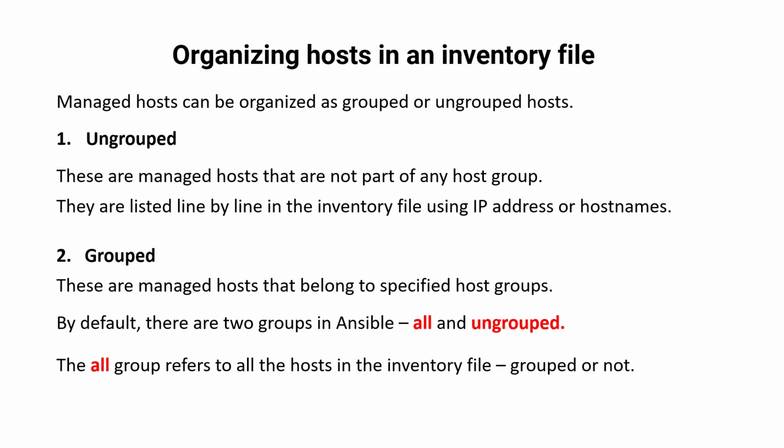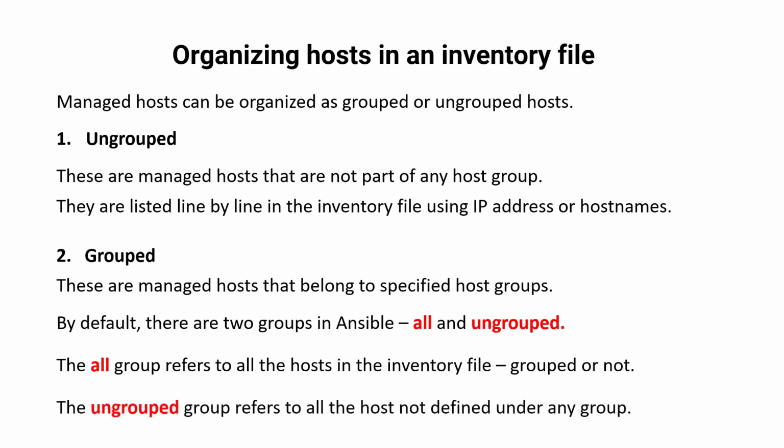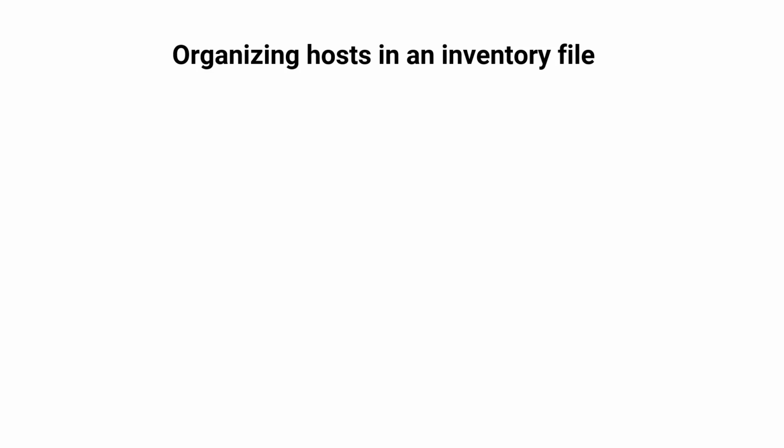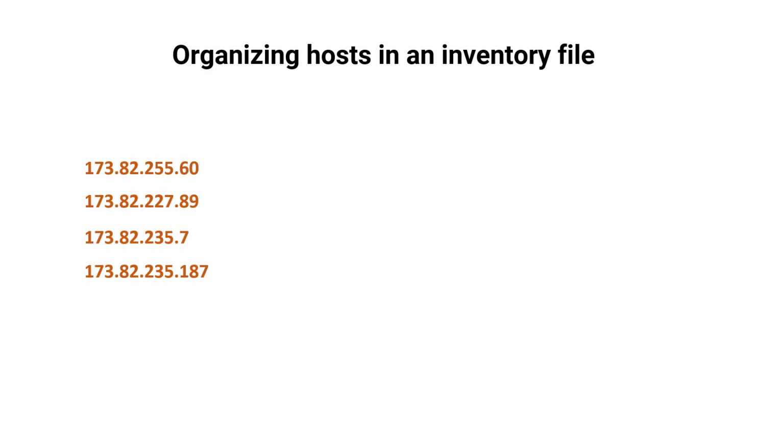The all group refers to all the hosts inside the inventory file, whether they are grouped or not, all right? And the ungrouped group is simply a special group that refers to any hosts that are not defined under any host group, okay?